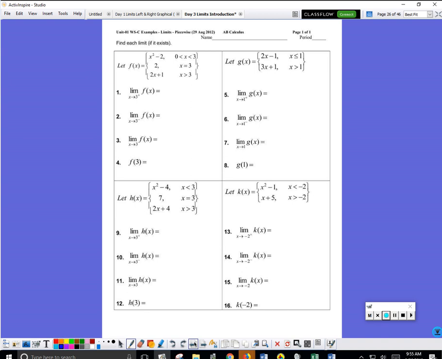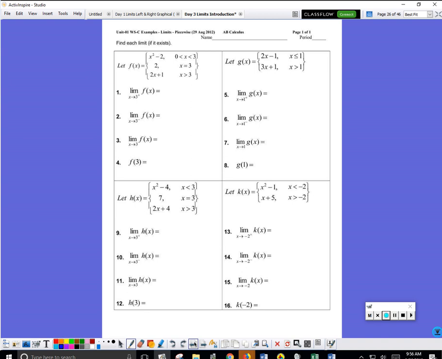I do 1 minus 2. All these dots are pairs. X equals 1.